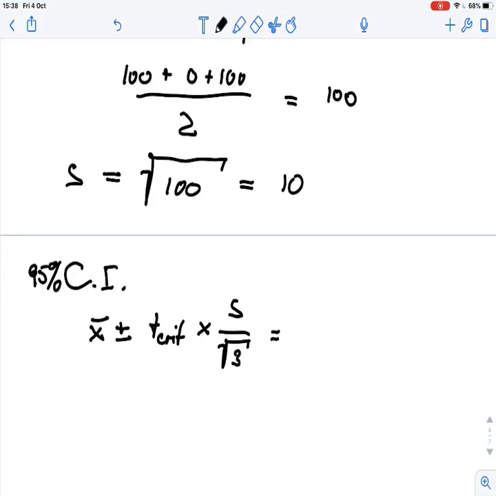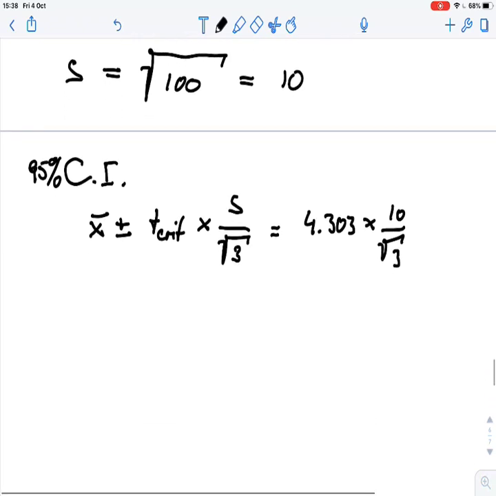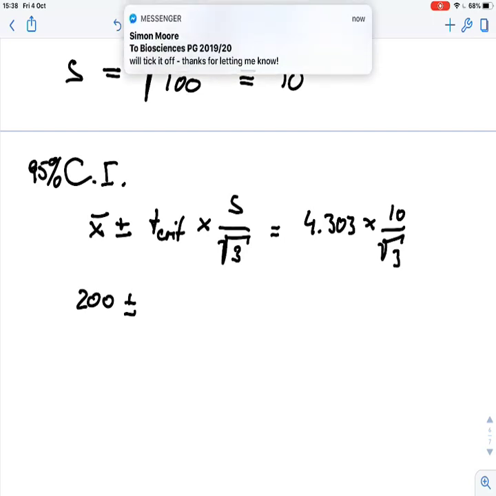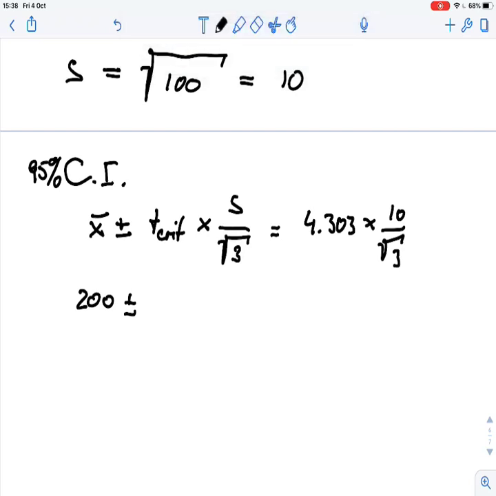So we have 4.303 times 10 over square root 3. Our x bar was 200 plus minus. Let's see if I can do that in my head. 4.303 times 10 over square root 3. Actually, there's a little nifty trick if you want to impress people.